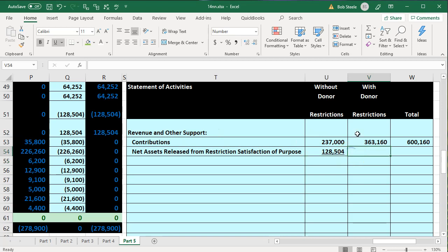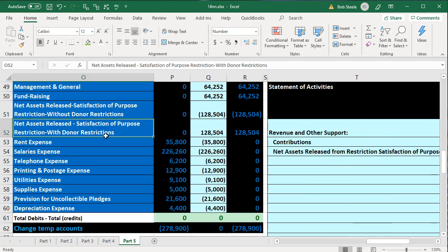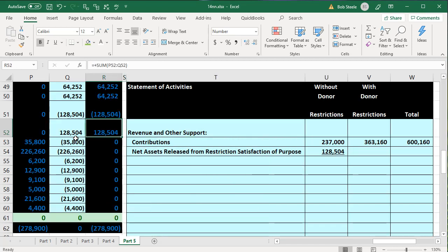And then this one with donor restrictions, that ties out to this debit balance, the one with the restrictions. Over here, it's a debit balance representing kind of like the income statement account going down, because we're making this kind of income statement like account go down and this one go up. Over here, we want to represent it going down with a plus and minus format, and therefore we want a negative number here. So this isn't a credit, it's a negative number.